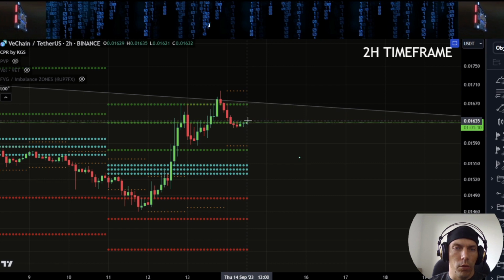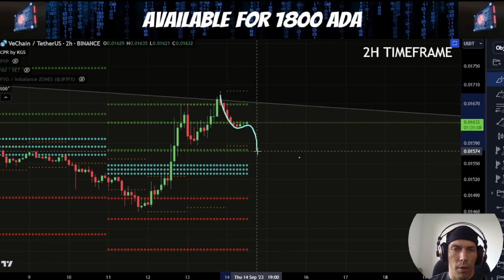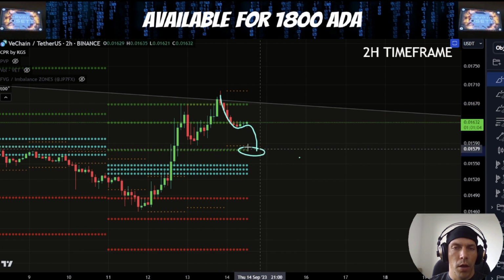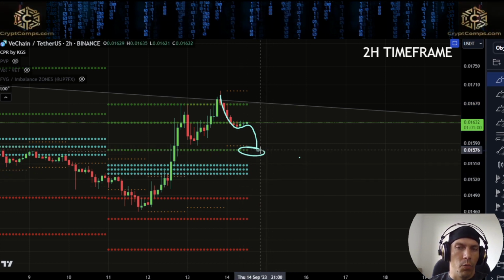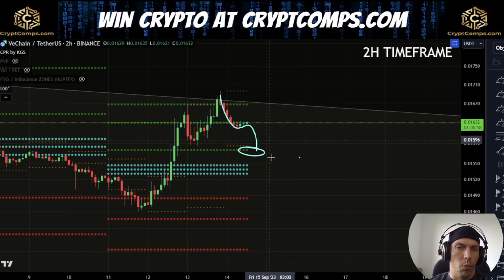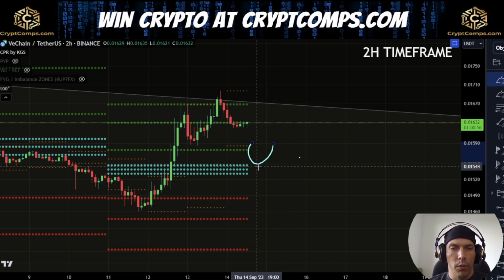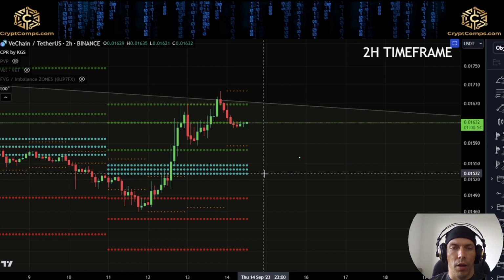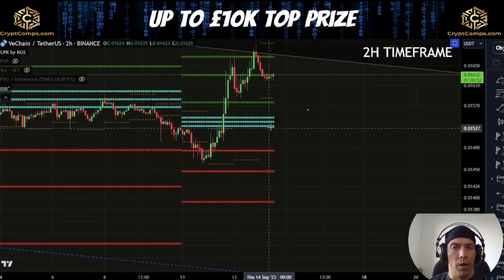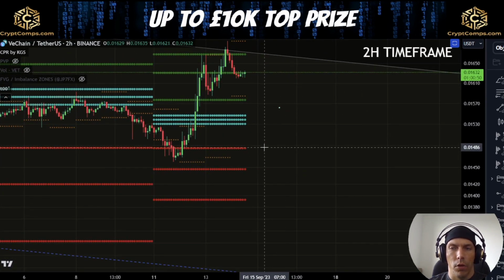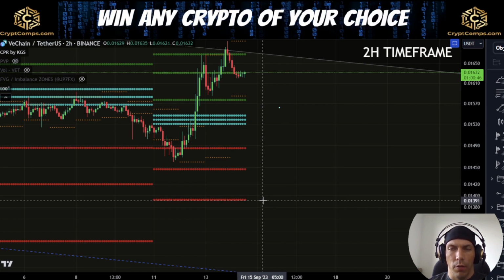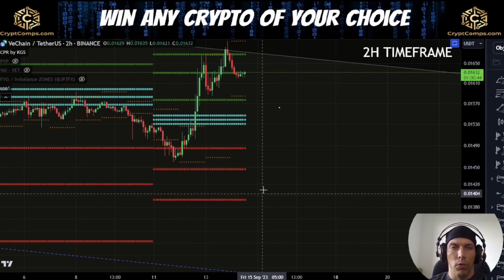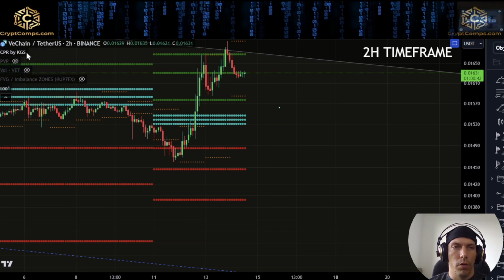If we do continue down one more time, where this is a bigger ABC pattern, we'll be watching out for the 1574 zone as a possible support area where we could find at least temporary support and then see some kind of a move to the upside. Losing that level, other support could come in at 1548 to 1529. Losing that, we have targets of 1486, 1447, and 1392 as potential downside targets for this week.